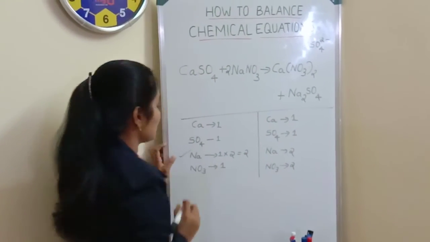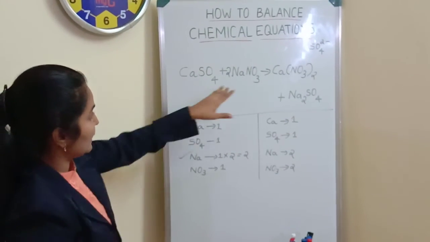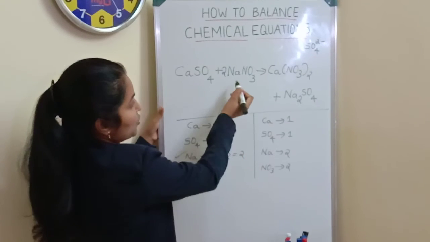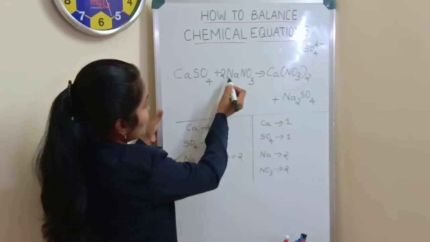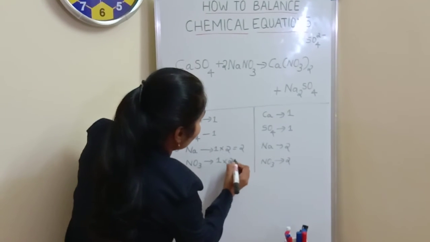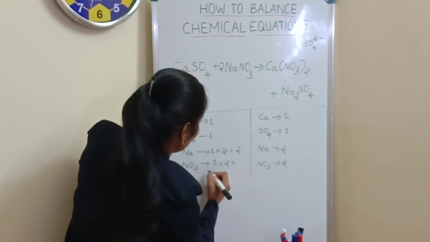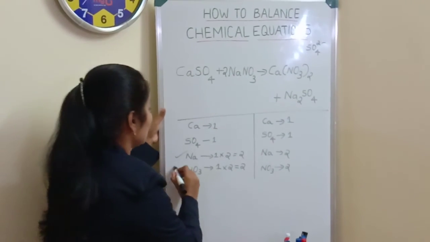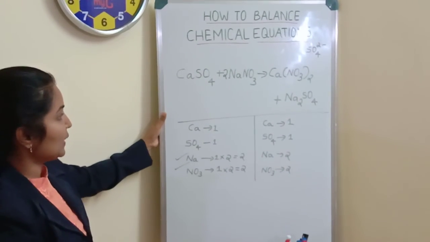So sodium is balanced. Now NO3, during that process, this is a single entity, NaNO3. So this 2 is common for both. So NO3 also became 1 into 2, 2. So these also balanced. So you will get the final equation.